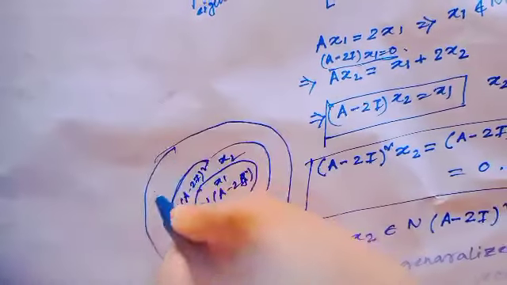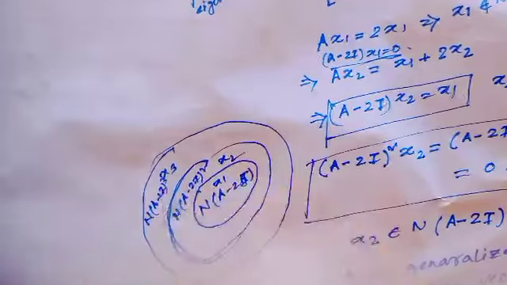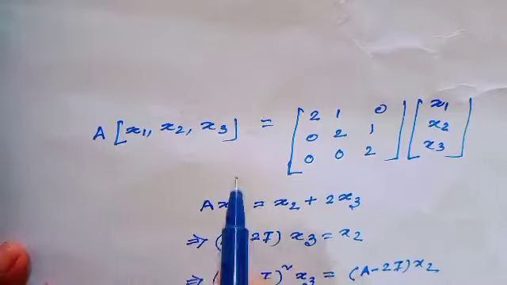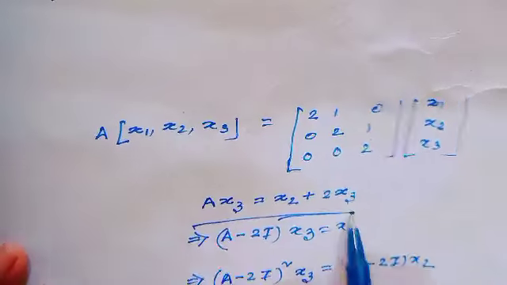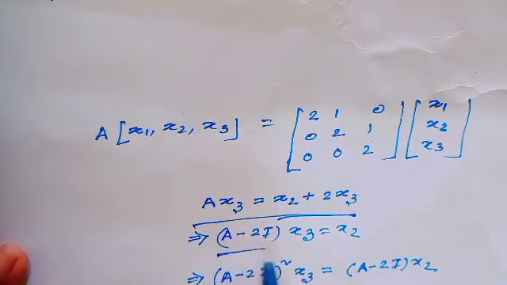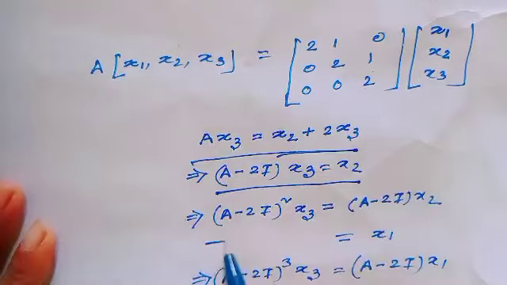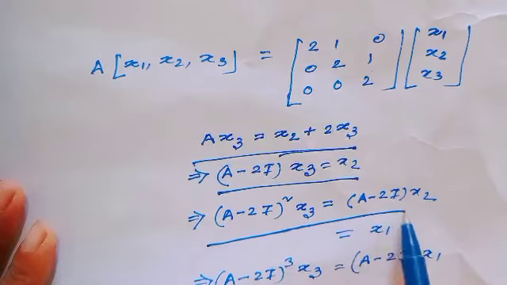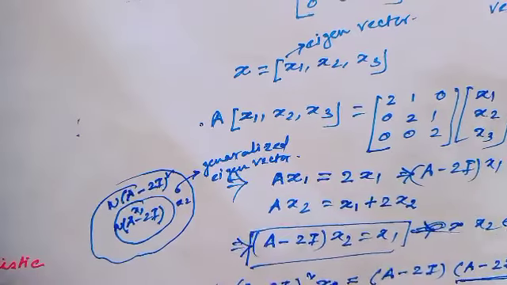Now I will show x3 belongs to the null space of (A minus 2I) cubed. Similarly, A x3 equals x2 plus 2x3. That means (A minus 2I) x3 equals x2. Now multiply this equation by A minus 2I. Therefore (A minus 2I) squared x3 equals (A minus 2I) x2, and (A minus 2I) x2 equals x1.